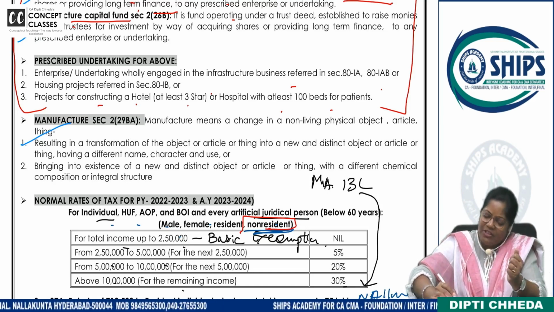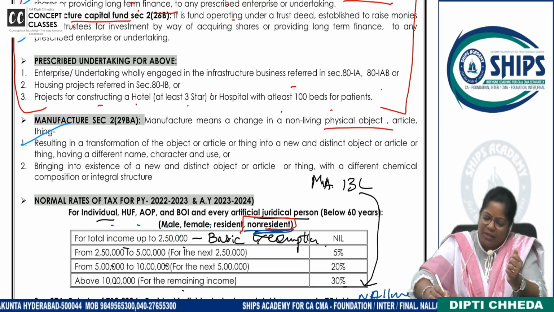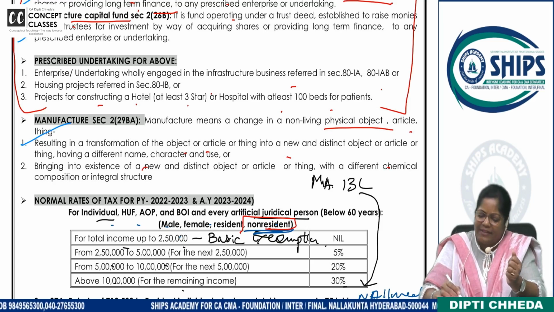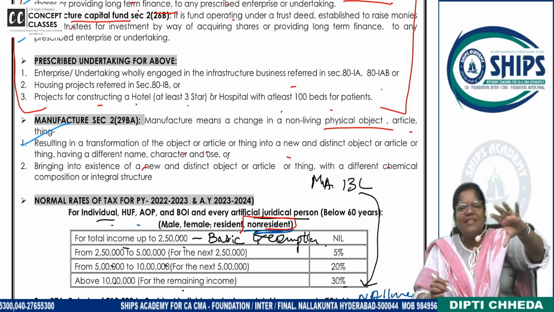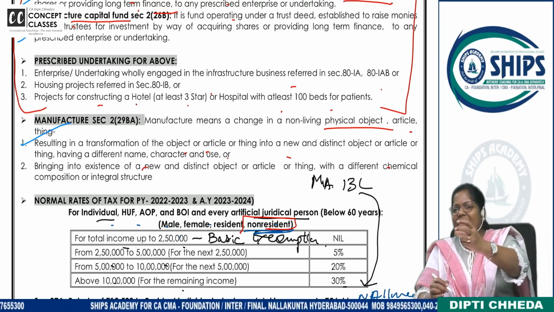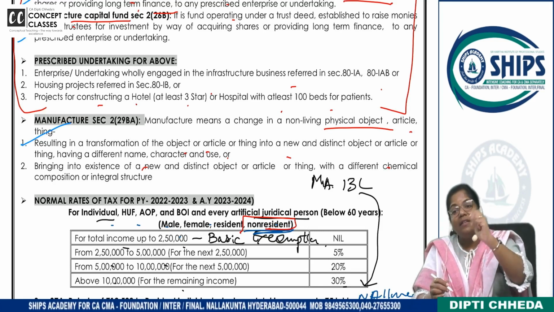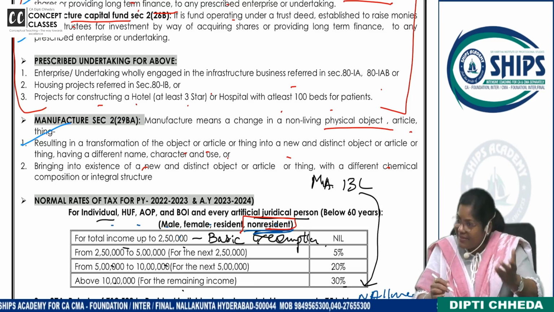Manufacturing means change in a non-living thing, by way of a physical object, article or thing, resulting in transformation of the object into a different character, name and all. You know, something changes. I give a raw stone, that is a diamond. You make a necklace. Does that amount to manufacturing? Yes.